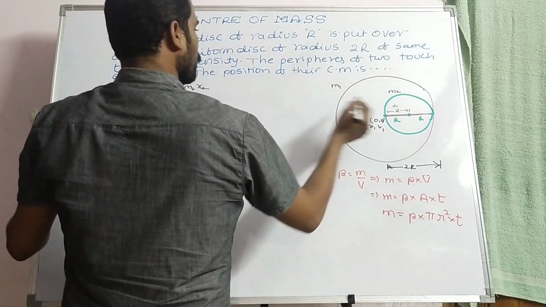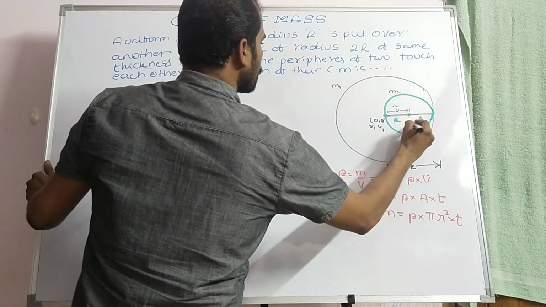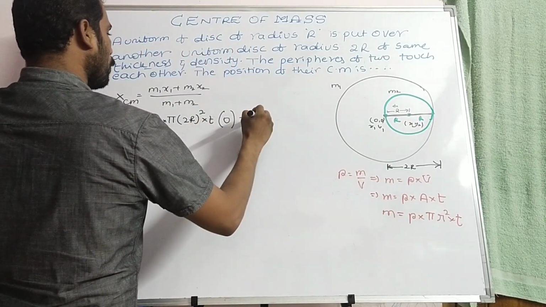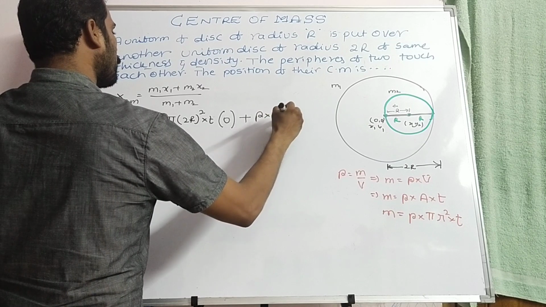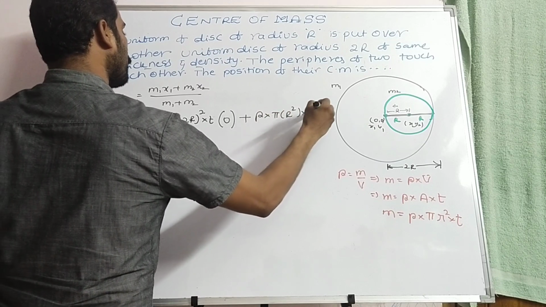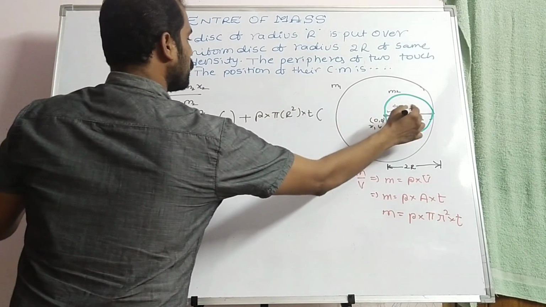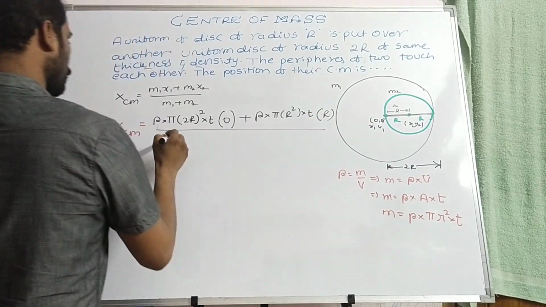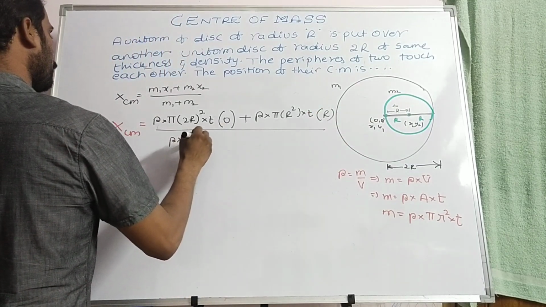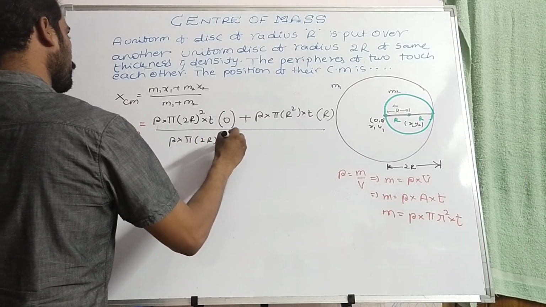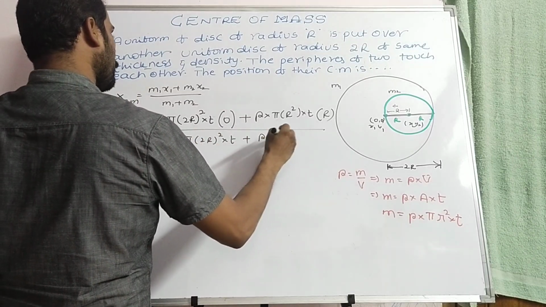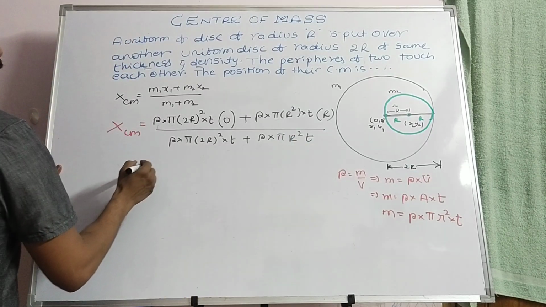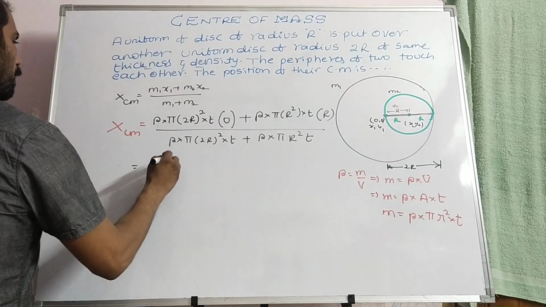Next, x2, y2: m2 is rho into pi into r square into t, into the distance d, which is r, divided by rho into pi into 2r square into t plus rho into pi into r square into t.